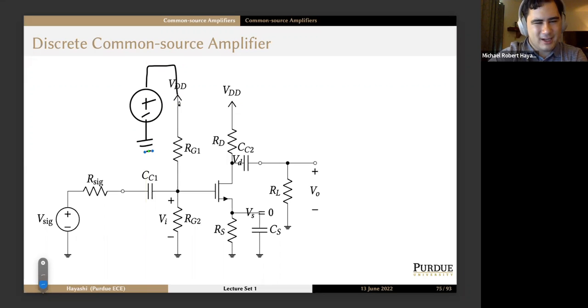So when we turn off the DC sources, what we're saying is, get rid of this. This becomes just a short circuit to ground.